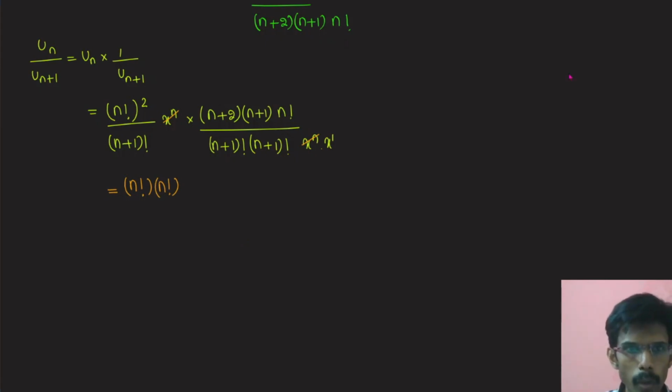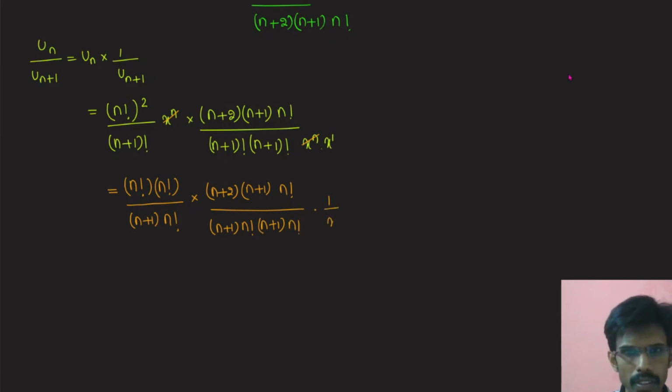In the denominator we have n plus 1 factorial, that can be written as n plus 1 into n factorial, into 1 by x.